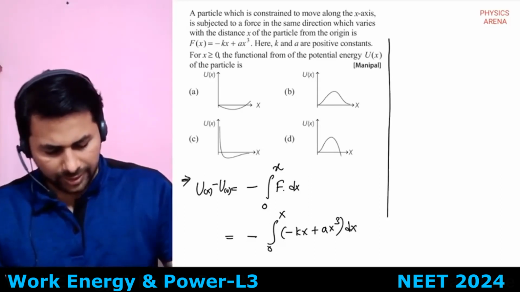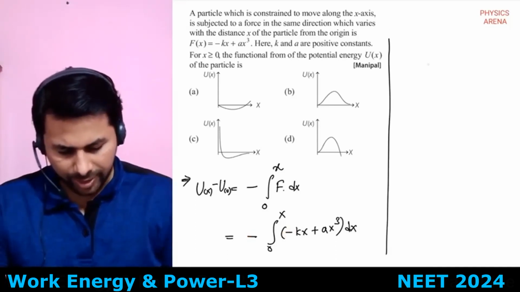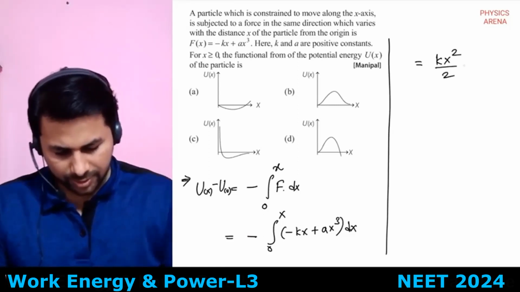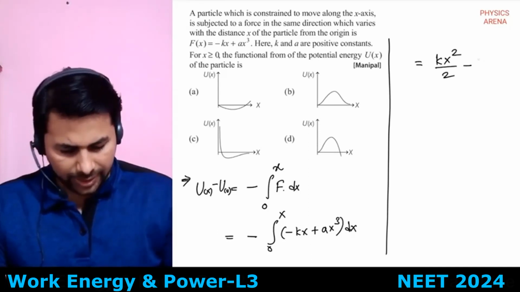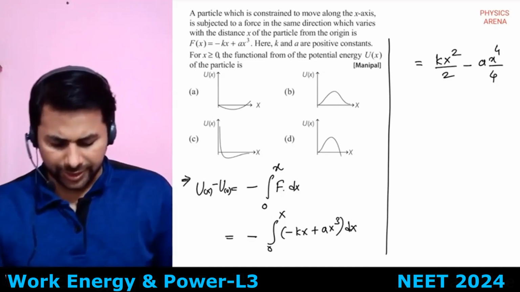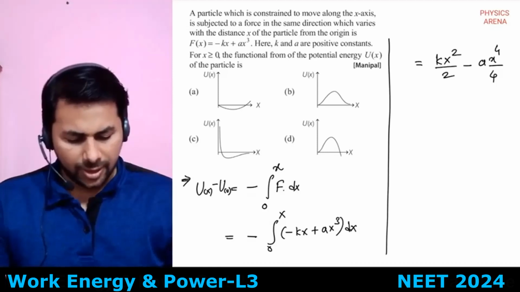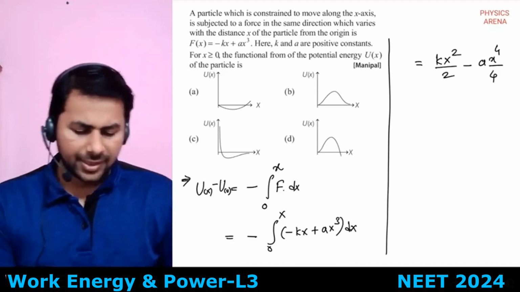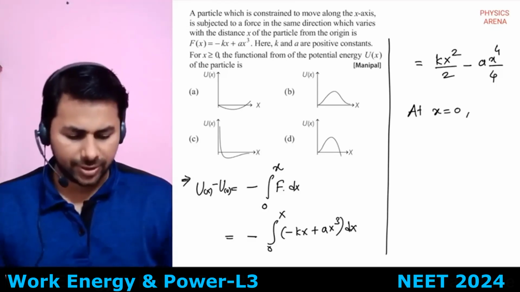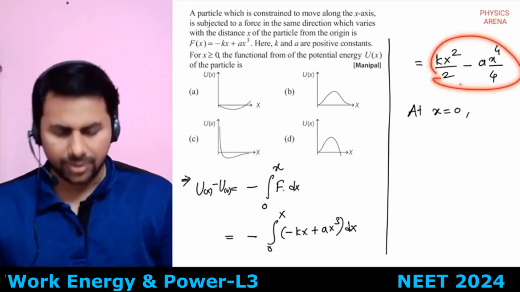Minus minus plus, so this will be equal to kx square upon 2 minus a times x raised to 4 divided by 4, because the lower limit is just 0. Now see what will happen as x increases. At x equal to 0, how much is this? This is equal to 0.